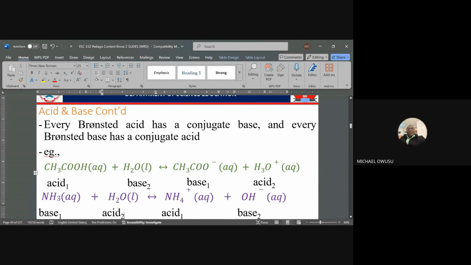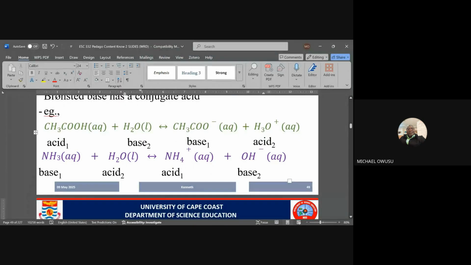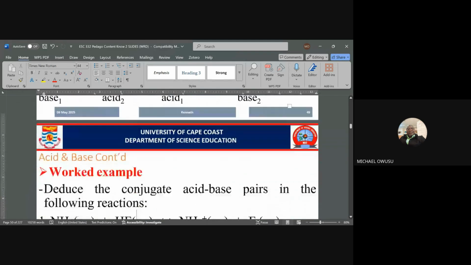So it's a very simple thing. The one that is giving a proton becomes an acid according to Bronsted-Lowry, and its result will be the conjugate base. The one that is accepting becomes a base, and its result becomes a conjugate acid. So that is about that.